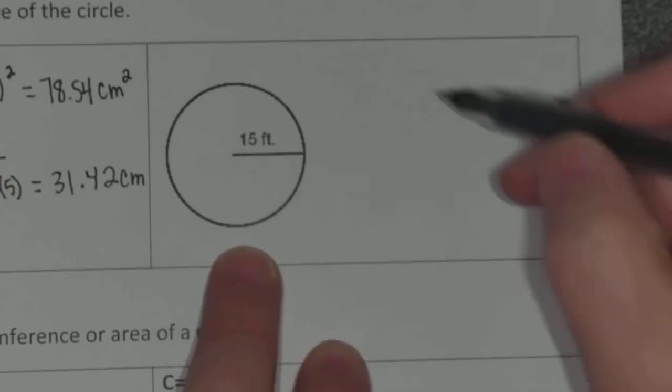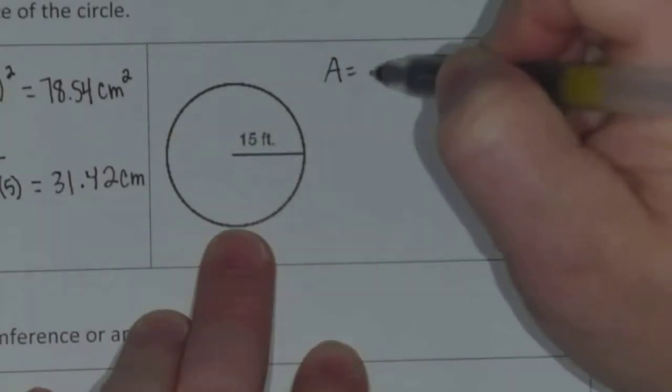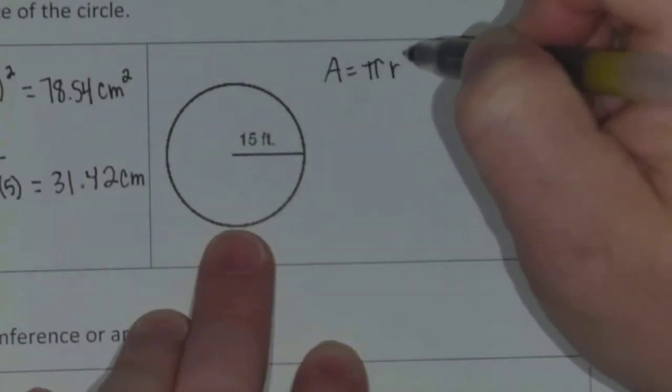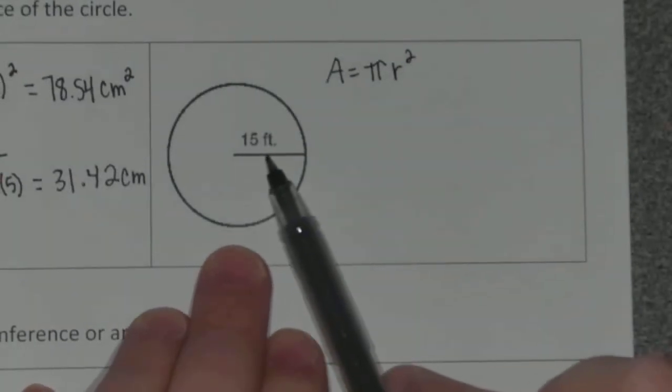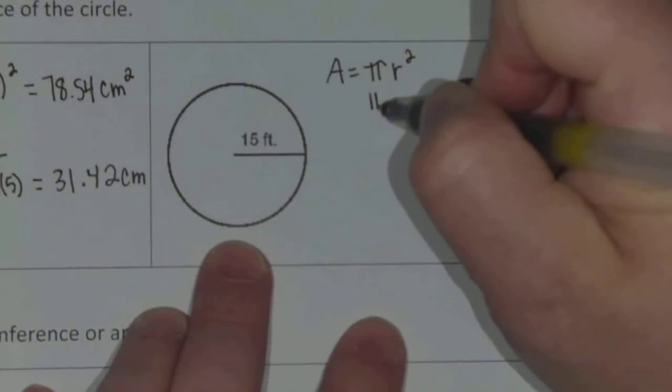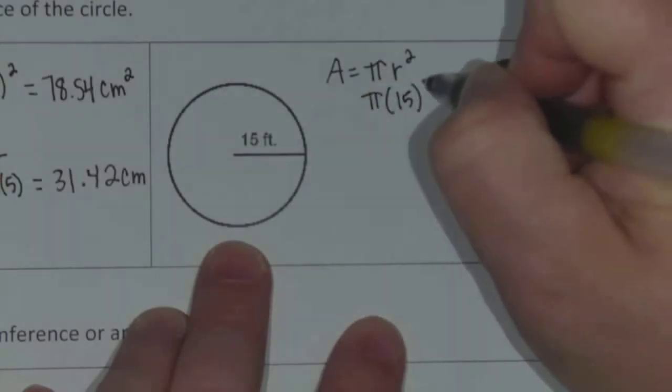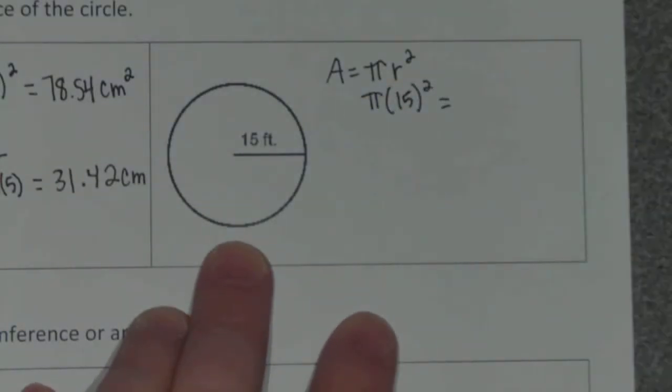All right, same thing on this next problem then. We're going to do area first. Again, the area formula is pi times the radius squared. How much is my radius? It's 15. So pi times 15 squared, it becomes a calculator problem.